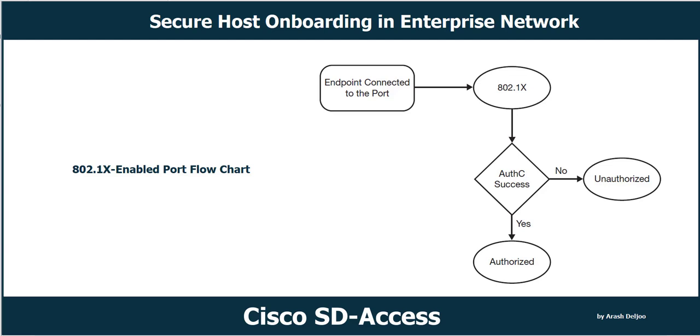If 802.1x port authentication is enabled on all the ports overnight, the expectation is that every client coming into the network should have a successful 802.1x authentication. Okay, as indicated in this flowchart, when an endpoint is connected to the 802.1x enabled port, if the authentication fails, the client is in an unauthorized state, which is the goal here.